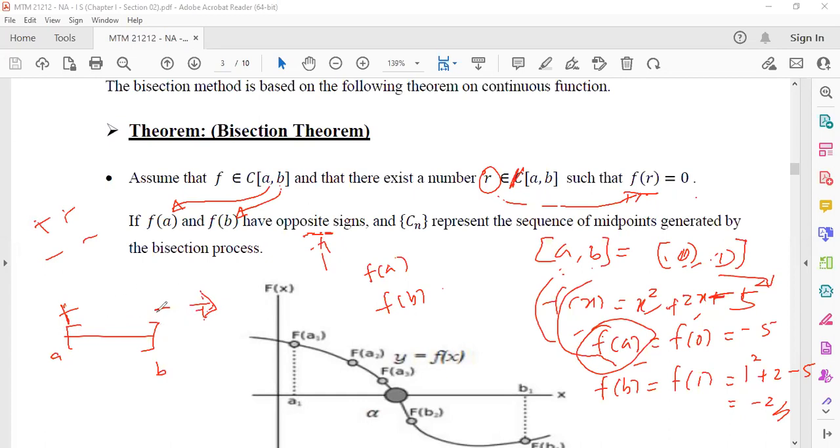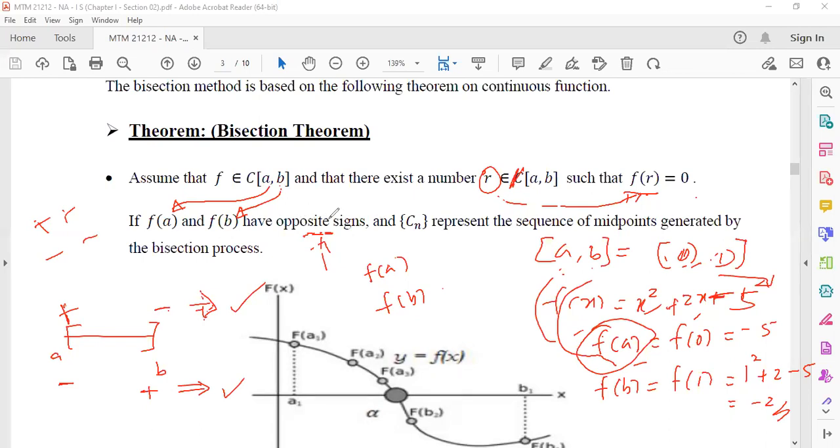If you get minus here and plus there, this is also fine. So you have to find values with opposite signs.